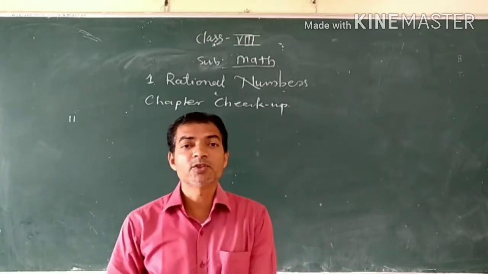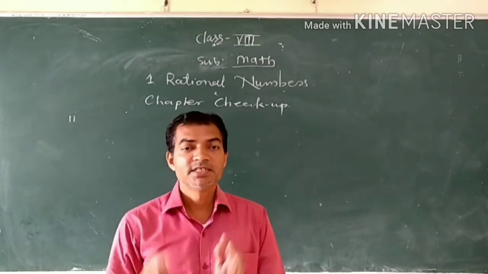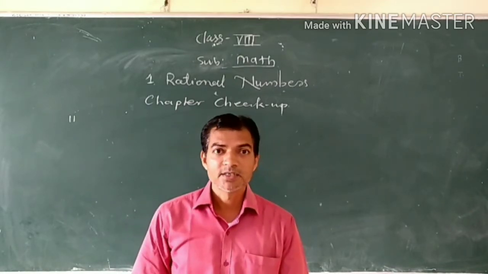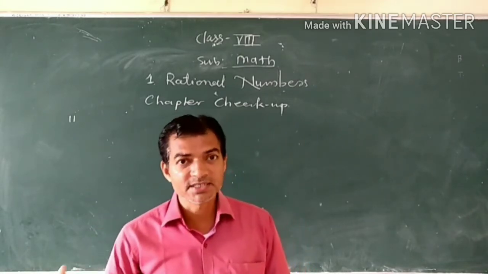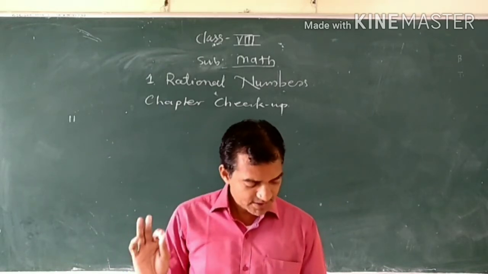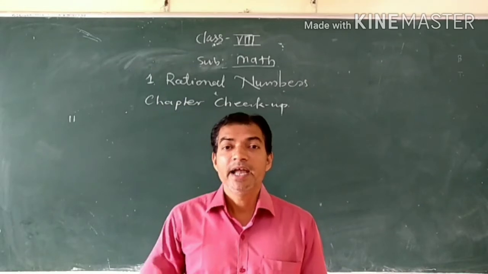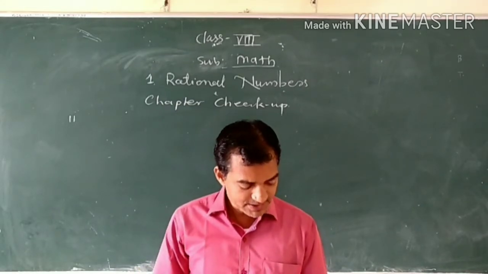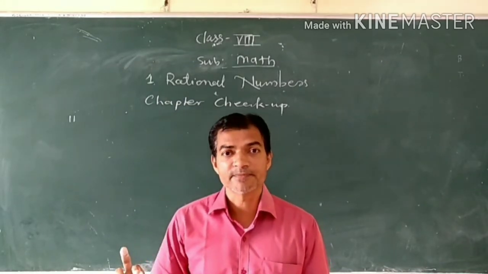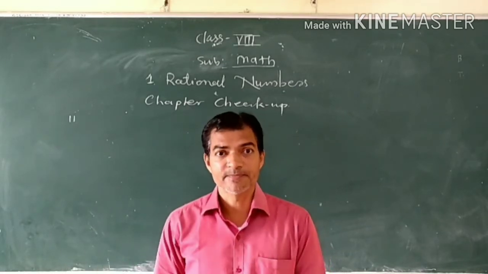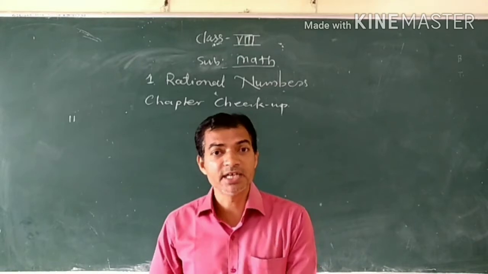Means the total length of ribbon is given. Seema has a ribbon having length is 30 meter. And she cut that ribbon into pieces. Okay, and each piece having length is given 1 integer 1 by 4 meter. So in this way, how many pieces are there and how much ribbon is left, that you have to find.